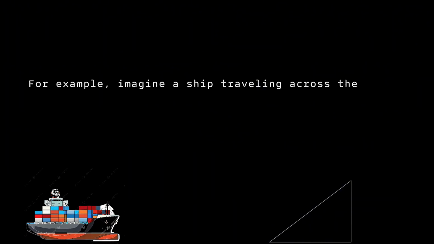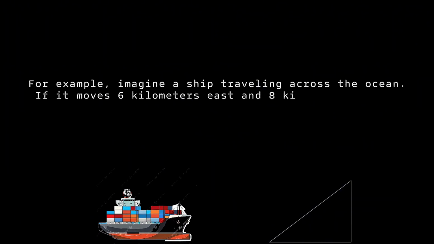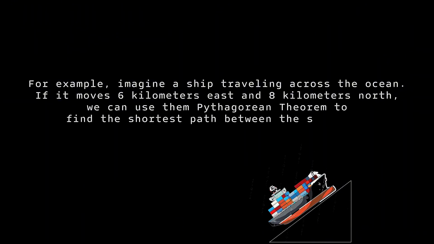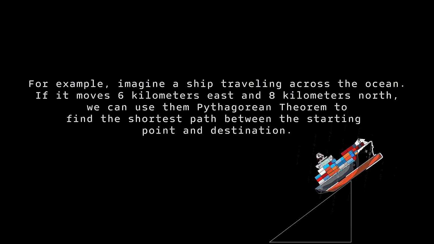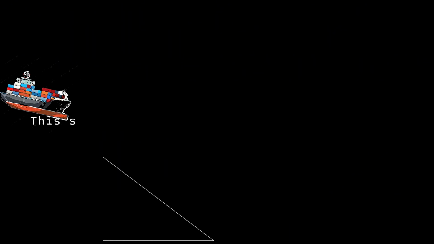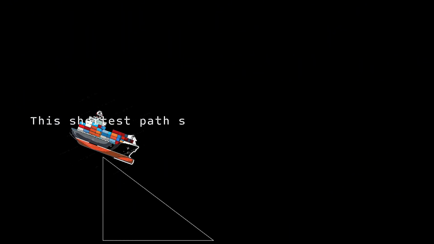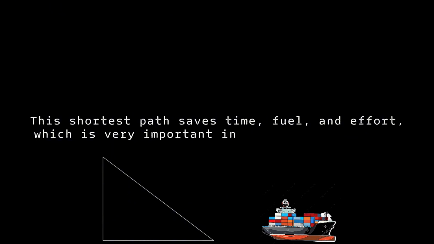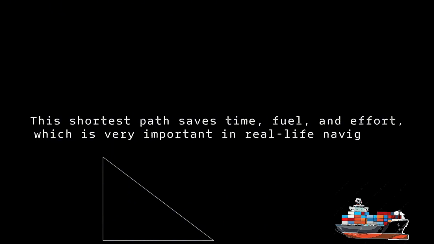For example, imagine a ship traveling across the ocean, moving 6 kilometers east and 8 kilometers north. We can use the theorem to find the shortest path between the starting point and the destination. This shortest path saves time, fuel, and effort, which is very important in real-life navigation.